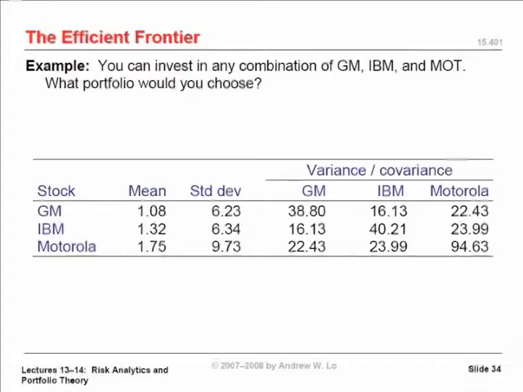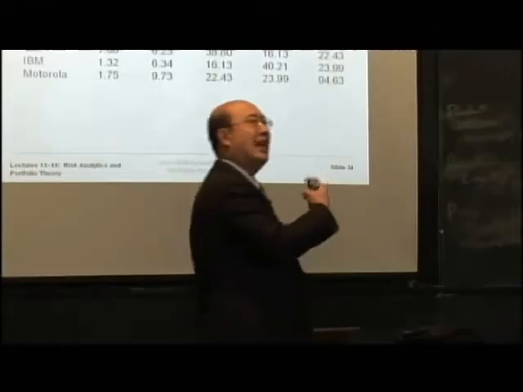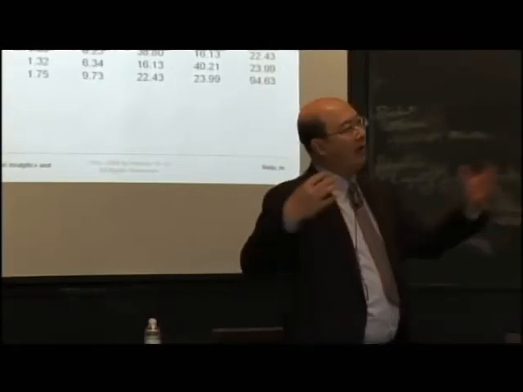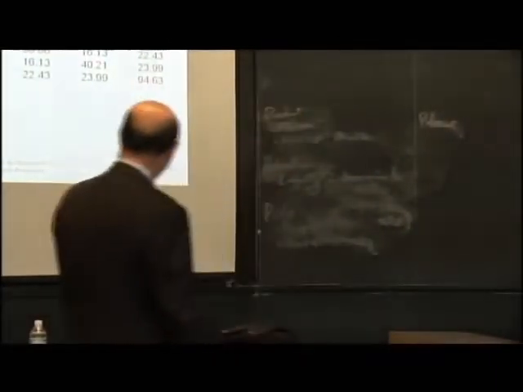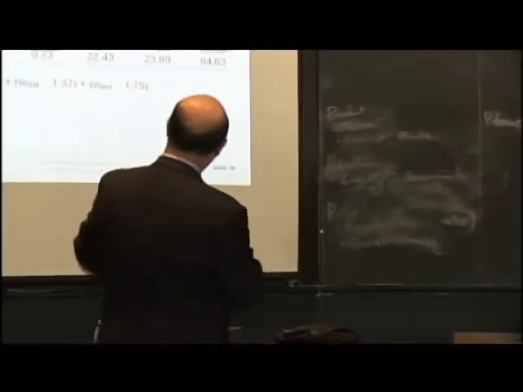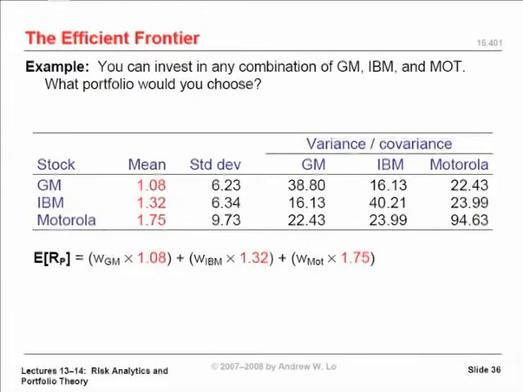So this is the matrix of variances and covariances. With these data as inputs, we can now construct that bullet-shaped curve. The way we do it is, of course, to recognize that the expected return of the portfolio is just a weighted average of the expected returns of the component securities, where the weights are our choice variables.